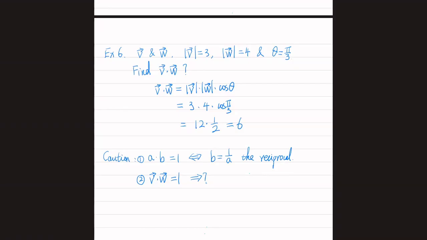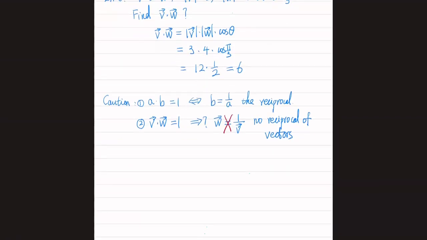Okay, so if W... I'm going to write something. This is incorrect. There's no reciprocal of vectors. Okay, for example, let's check.